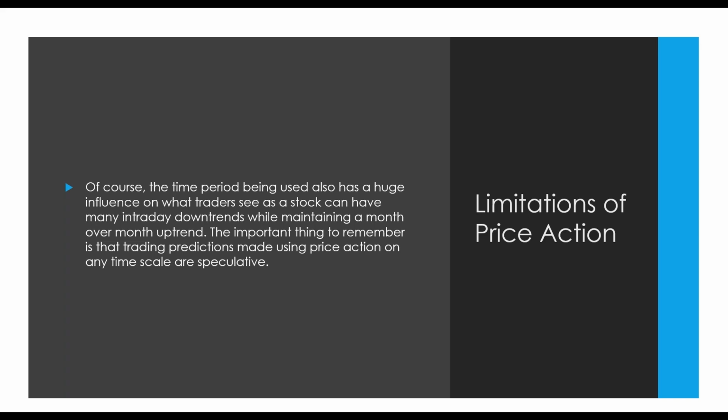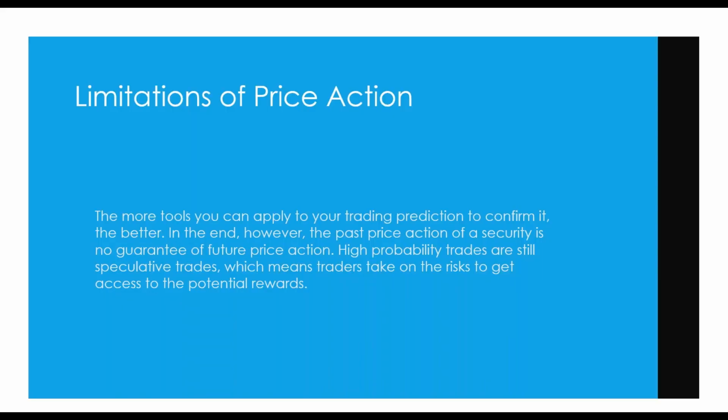The important thing to remember is that trading predictions made using price action on any time scale are speculative. But let's go back to my charts, because that was an important comment that people skip over.